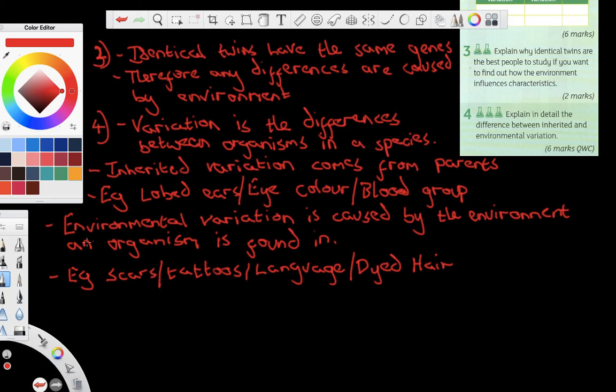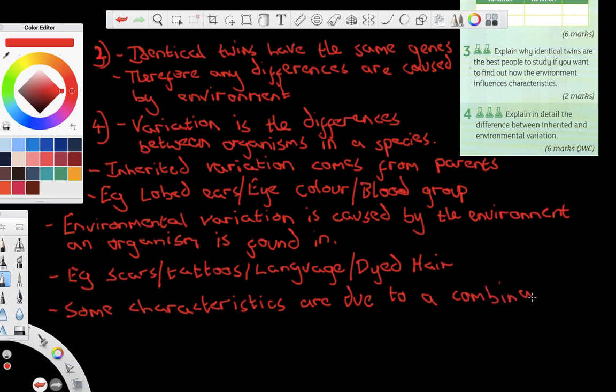For your sixth mark, you needed to say some characteristics are due to a combination of genetics and environment.